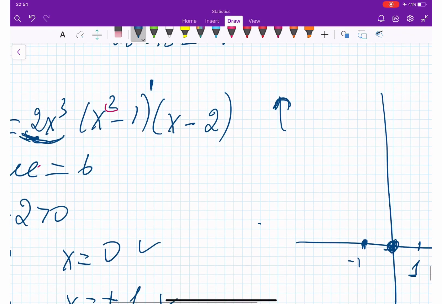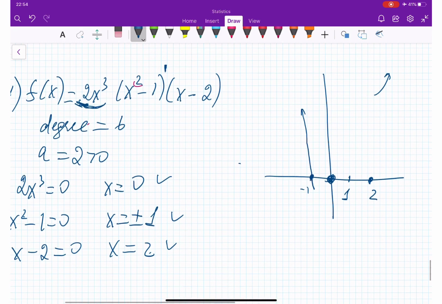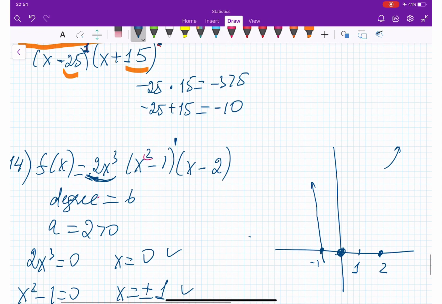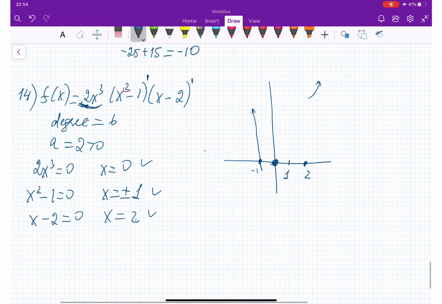Which means at the point -1, it's going to cross. Since the end behavior is going like this, it's going to cross this way. At 2, the multiplicity is also 1, so it's also going to cross, and it's going to cross this way.